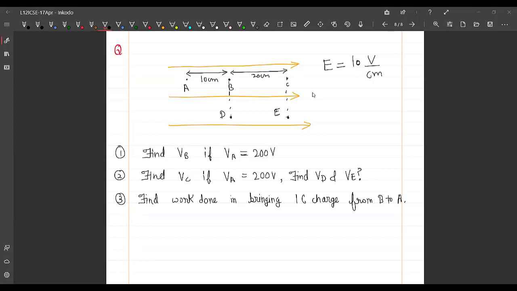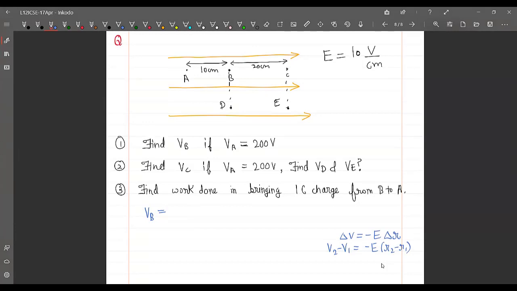Apurav, can you tell me the potential at point B? Sir, I forgot to convert centimeter into meter. No need to do that.